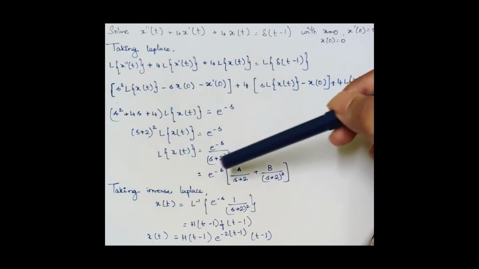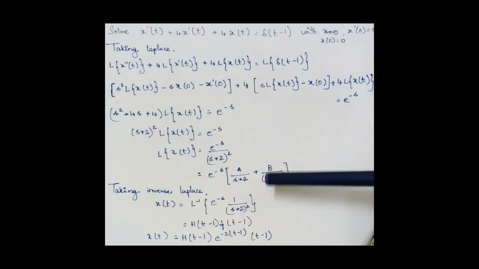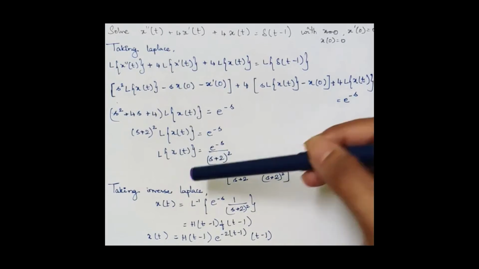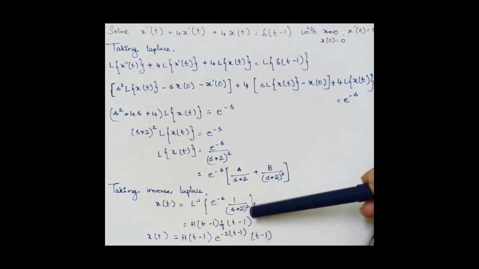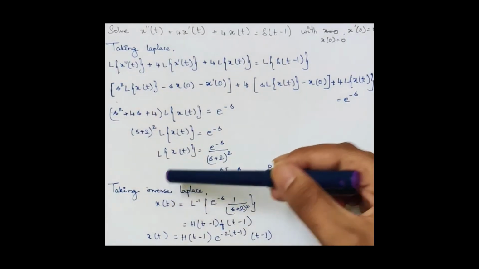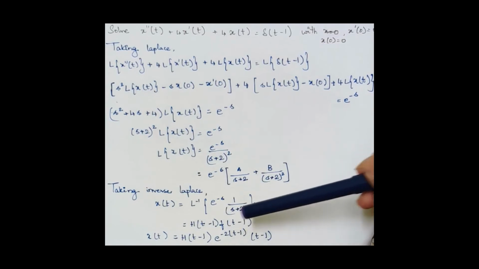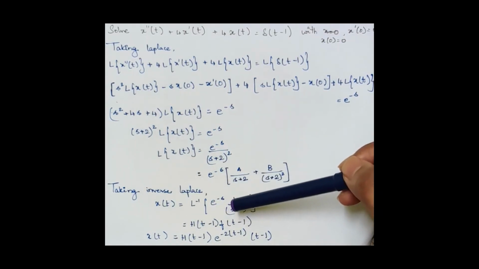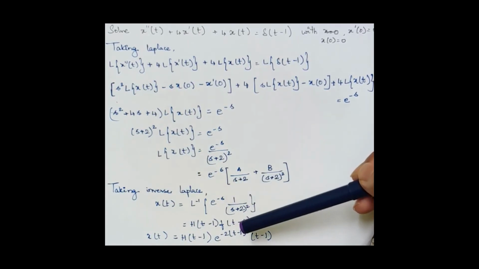Now you split it using the partial fractions method, which is like a by s plus 2 plus b by s plus 2 the whole square. On solving you get e to the power of minus s times 1 by s plus 2 the whole square. So on trying to take the inverse Laplace transform, you observe that you have e to the power of minus s, which means that you can make it a unit step function.